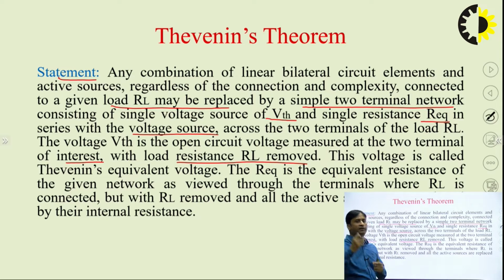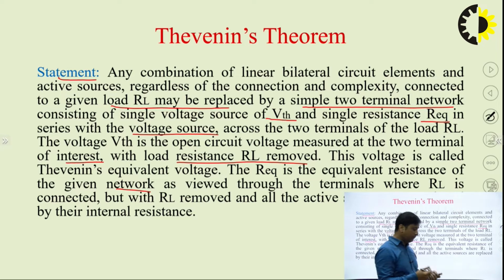When we take the two points, the load resistance must be removed from the circuit, and those two points will be the two terminals of interest. This voltage is called the Thevenin equivalent voltage source, and R equivalent is the equivalent resistance of the given network as viewed through the terminals where RL is connected, but with RL removed and all the active sources replaced by their internal resistance.